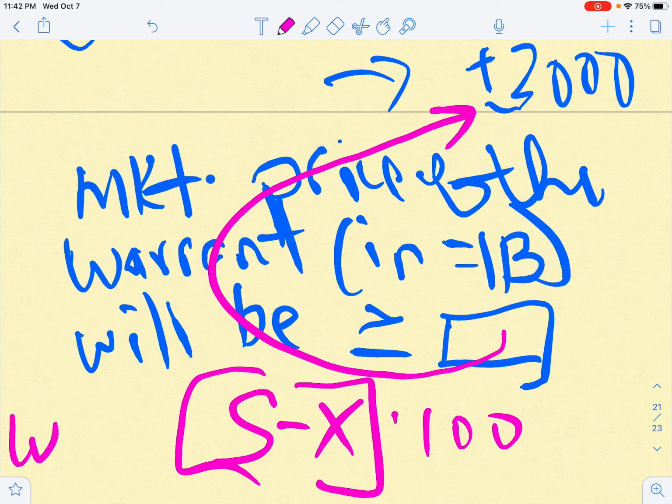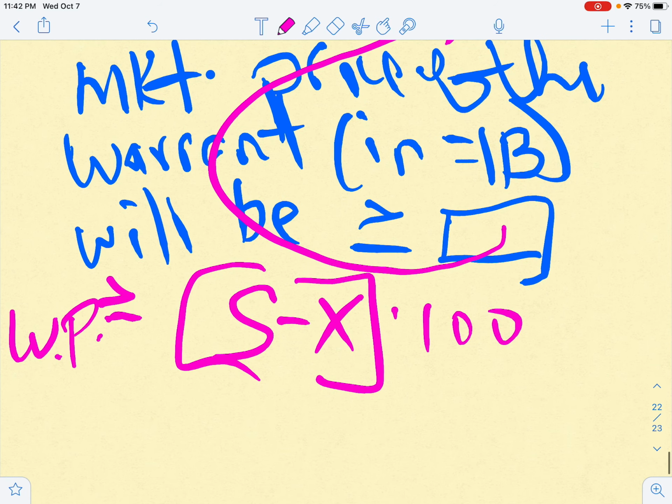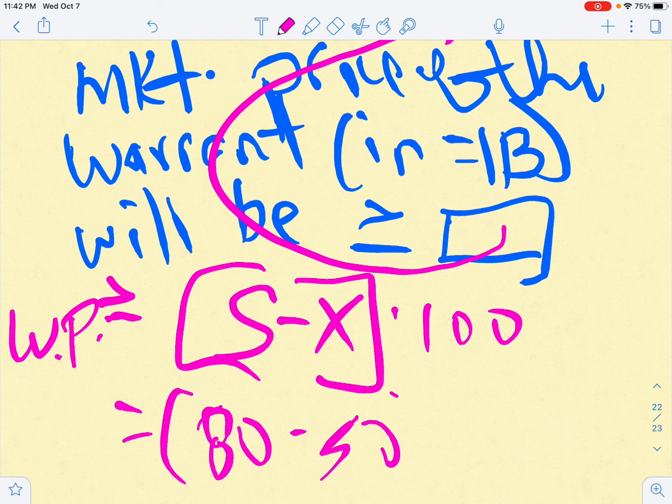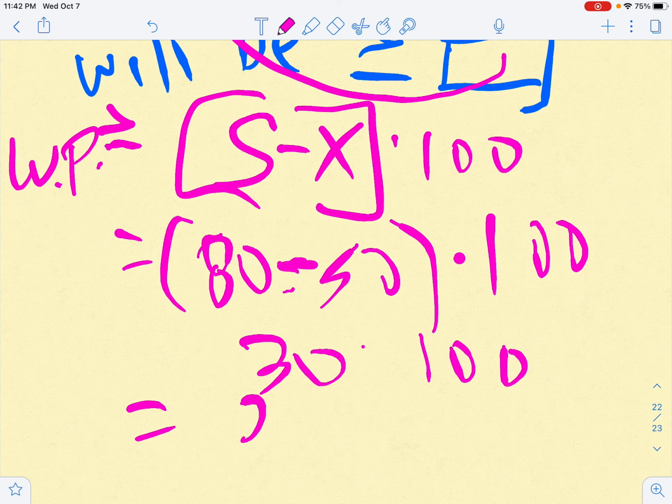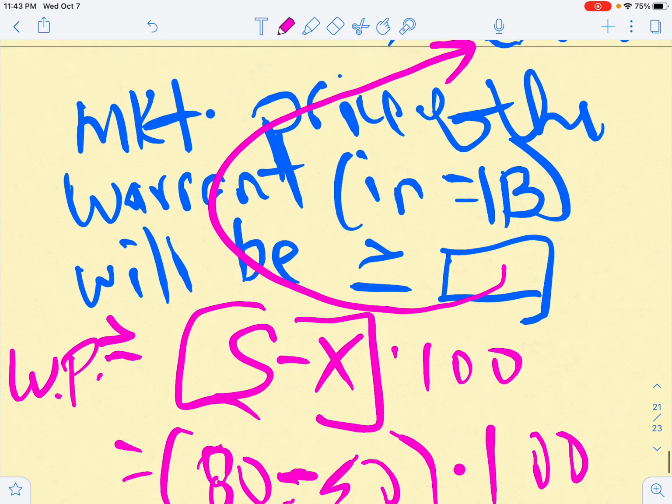So I'll say the warrant price, WP, would be S minus X times 100, or maybe I should say greater than or equal to. That's a little too advanced for now. It could be worth even more because the stock price might go higher and somebody might find that possibility appealing and be willing to pay for it. So in this prior example, stock price was 80, strike price was 50, times 100. So 80 minus 50 is 30, times 100 is 3,000. And yeah, that's the value there.